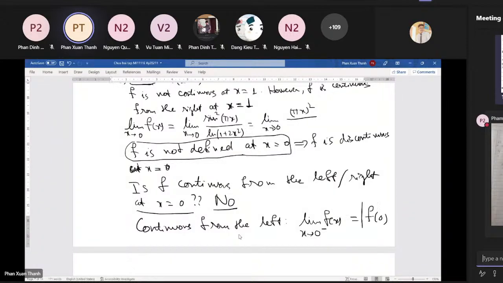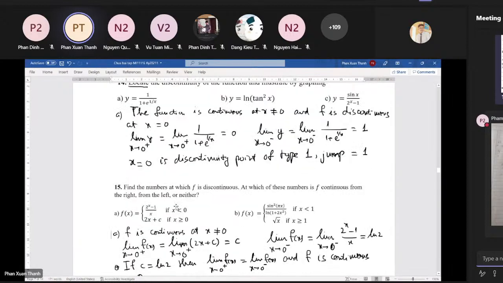The same holds for the right hand side. It means that the function is not continuous from the left and also not from the right. Okay. Thank you. So this is exercise number 15.